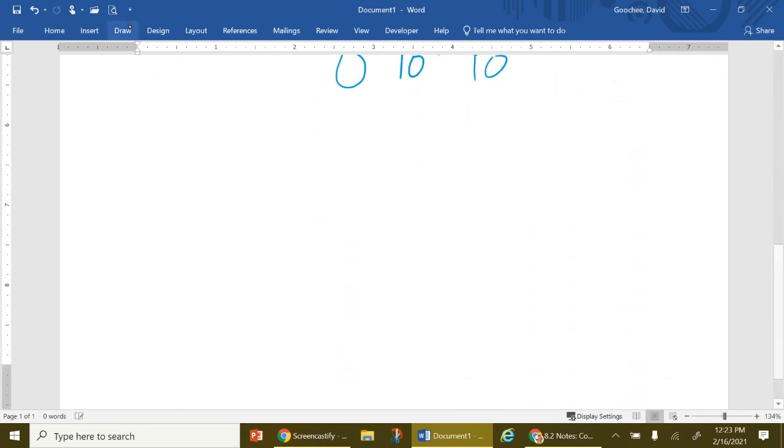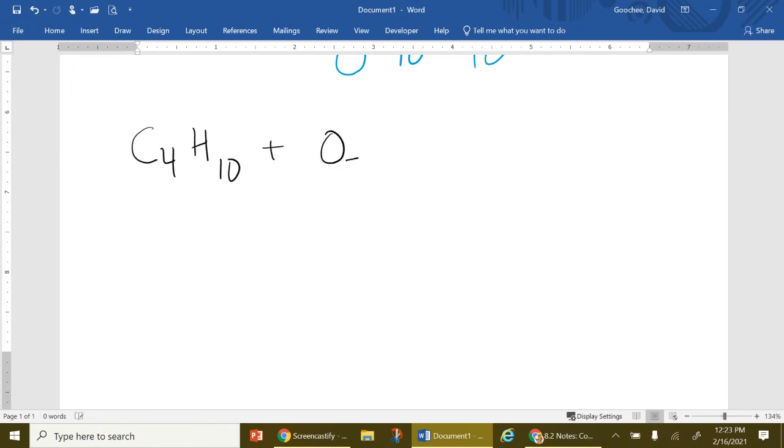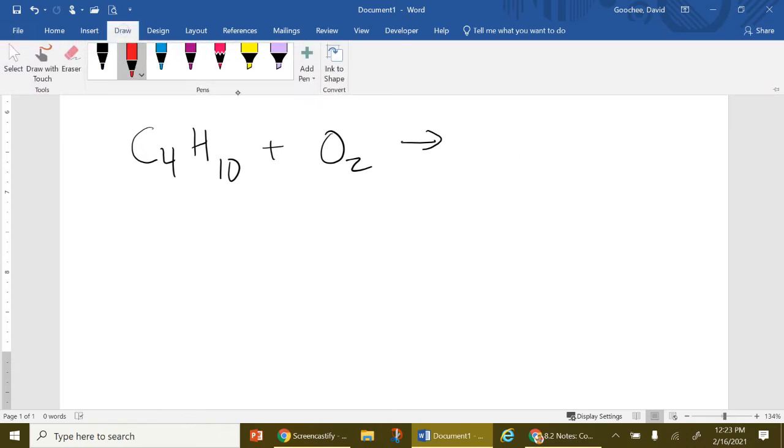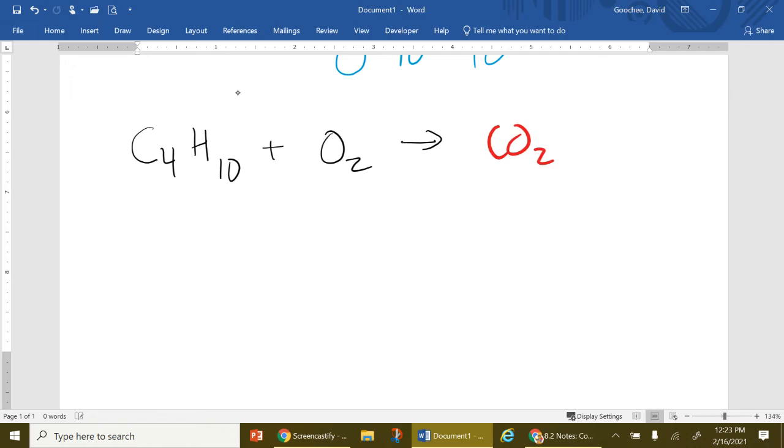Let's try another one. This one I'm going to do one that's a little trickier. Here we go. C4H10 plus O2 yields, always, the products here are CO2 plus H2O.